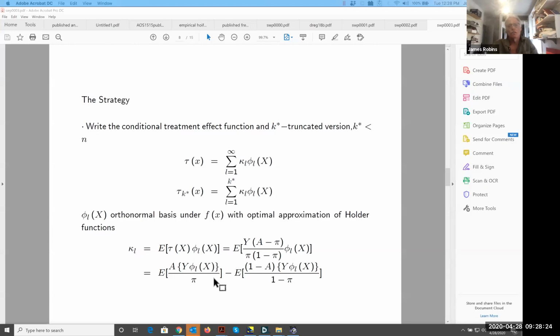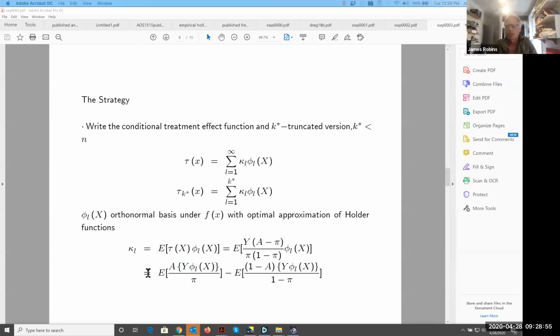But notice, even though I'm doing it at level X, the K of L, the things I'm going to have to estimate, are in fact normal functionals. They're just like the mean of AY over pi, except there's a fixed function of X. So I'm actually just doing ordinary influence function-based estimation of a parameter with a finite semiparametric variance bound, the K of L's.